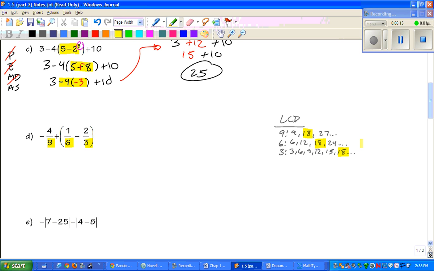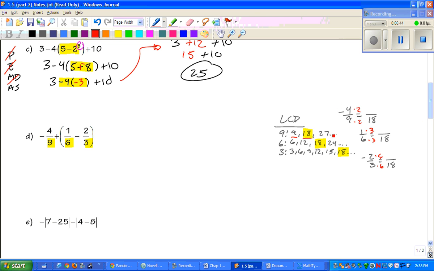Hopefully. All right. Now we need to change each one of those fractions. So we have negative 4 over 9. We have 1 over 6. And 2 over 3. Now we multiply 9 by 2, 6 by 3, and the 3 by the 6.